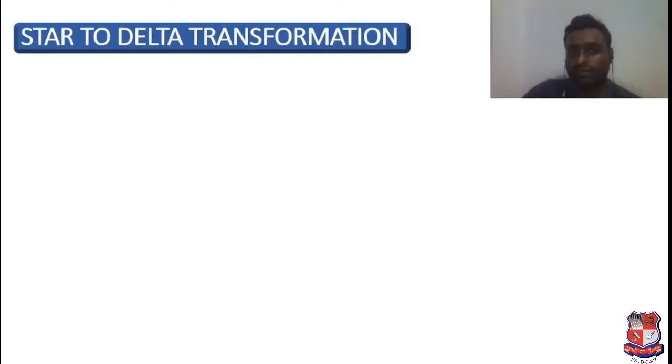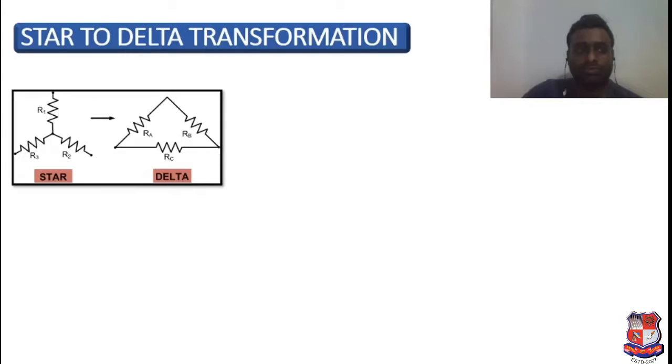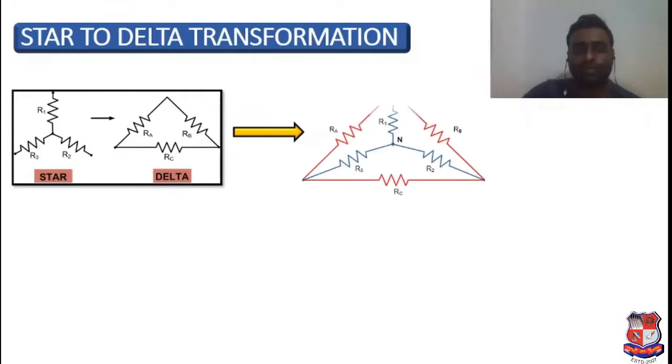So let us begin. Star to delta transformation. This is the circuit for star to delta transformation. Over here you can see a star is given, that is R1, R2 and R3 will be given. You need to find the equivalent RA, RB and RC, that is the delta circuit. So how can that be found?